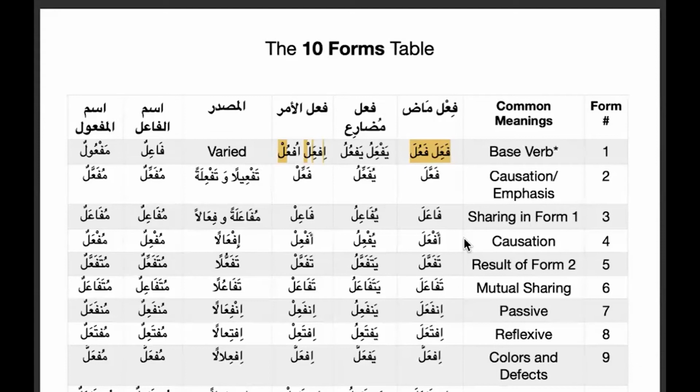So they'll mention that anzala means to send down something in one go, as opposed to nazzala, which means gradually and over time. Okay, so inna anzalnahu fi laylatil qadr, verily we revealed it in the night of power.